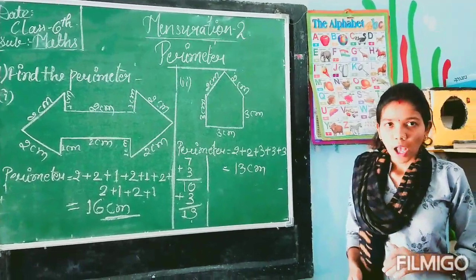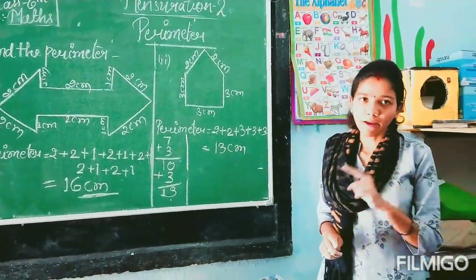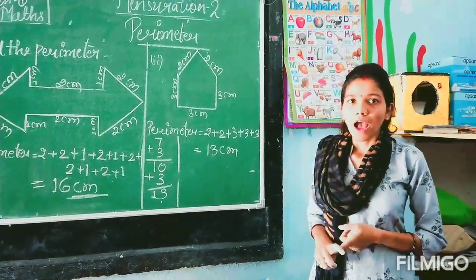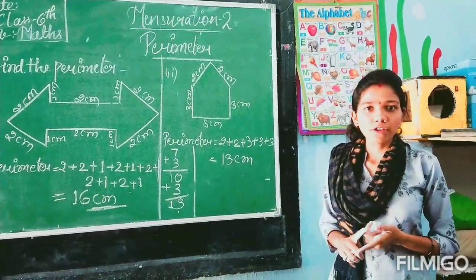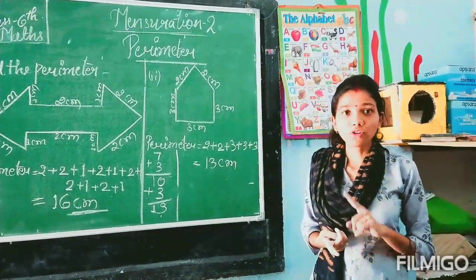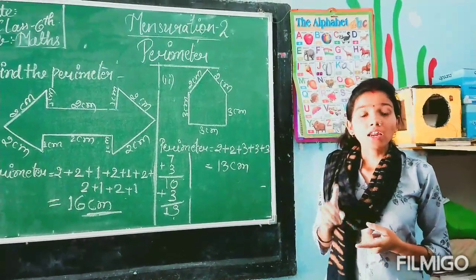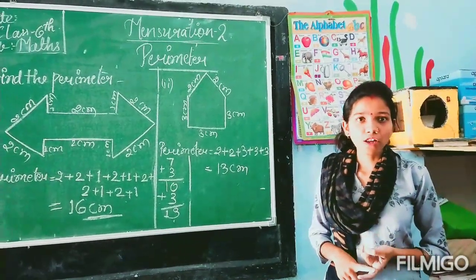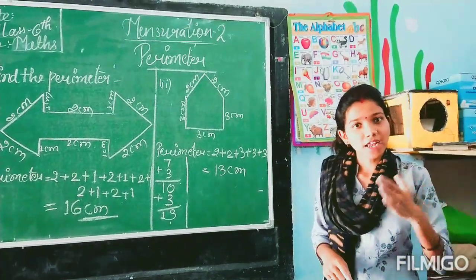For class 6, we have learned today 2 chapters: mensuration 1 area and mensuration 2 perimeter. I can give you a PDF for the question answers, because without the solution you cannot know what perimeter and area are. Learn all the formulas carefully because they will be used in your next classes, 7th and 8th, also.